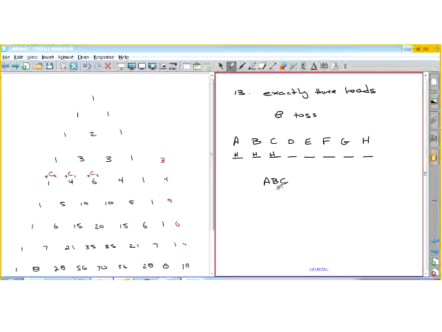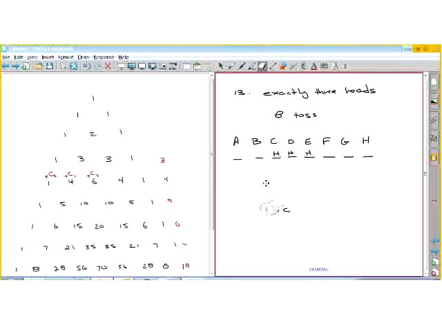So another possible combination would be C, D, E. So then you take these and you put them here, C, D, E. Now, another possible arrangement of this would be E, D, C, but it would be the same three positions.